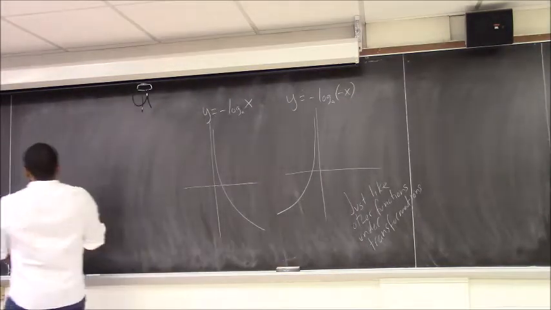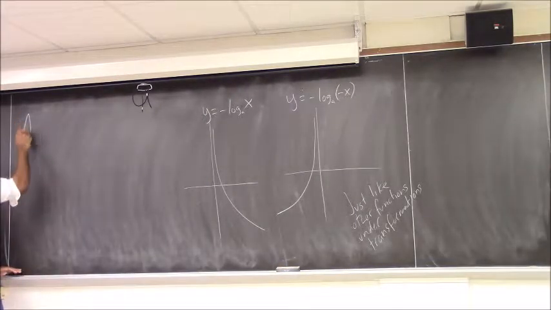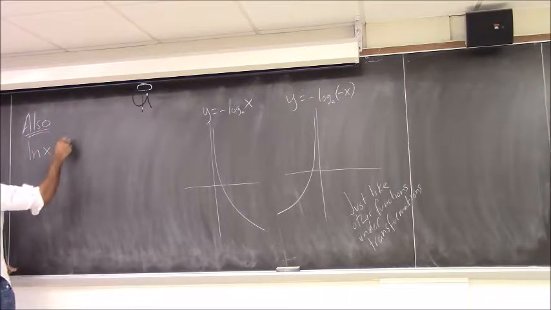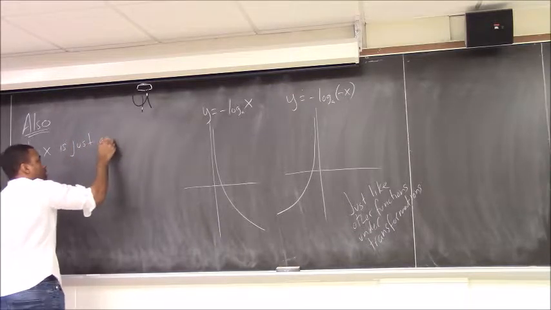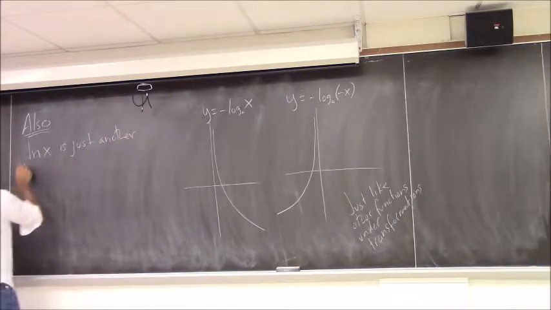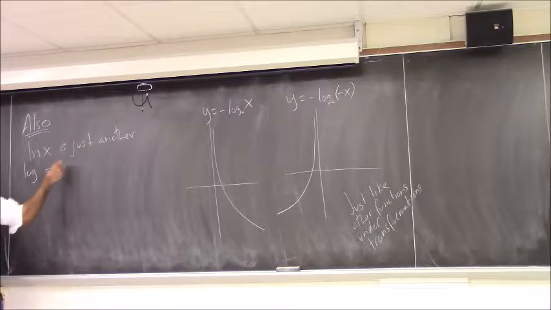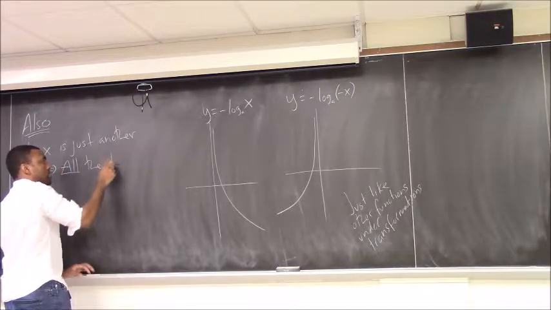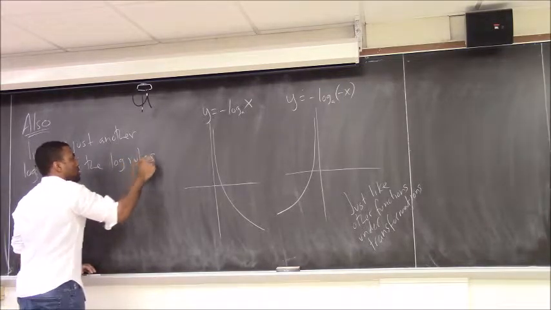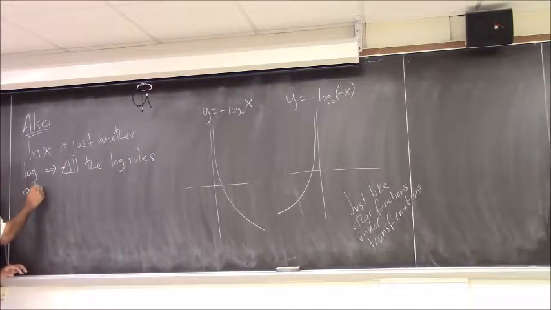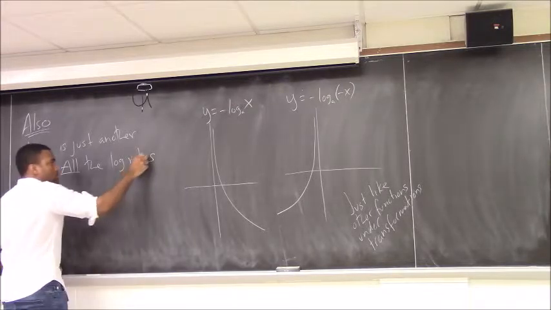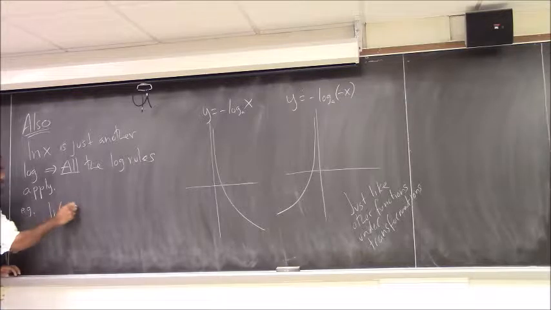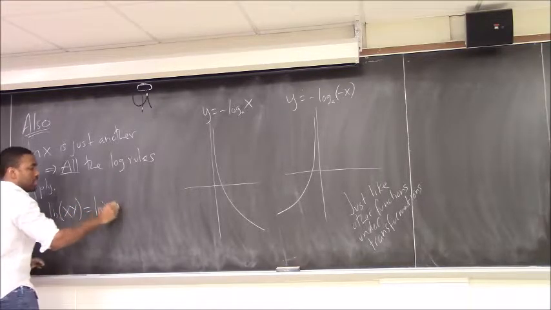And in that way, also very important, ln of x is just another log. Meaning, all the log rules I mentioned before, they still apply to ln. So for example, if you see ln of something times something, you can break that up into an addition.